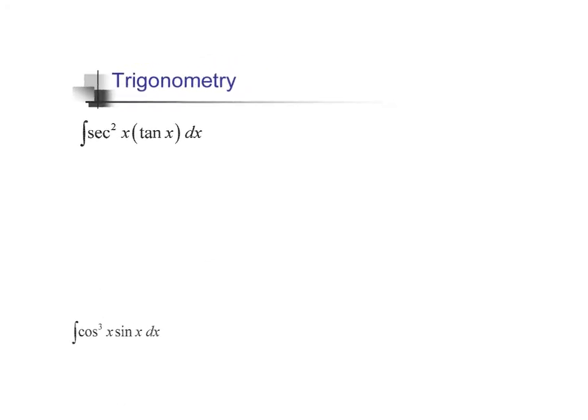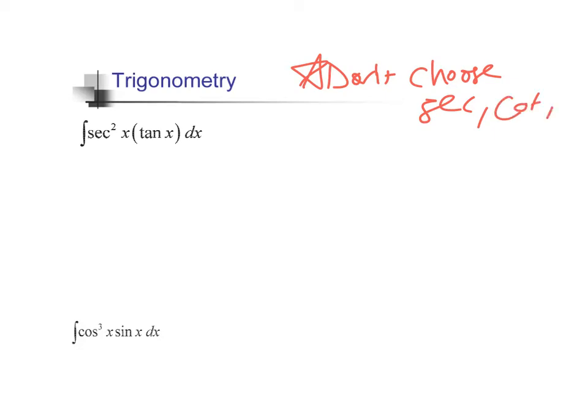All right, let's do this next one together, because something to be careful of is that you don't want to choose for u, excuse me, secant, cotangent, or cosecant, because we don't know the integral of those.